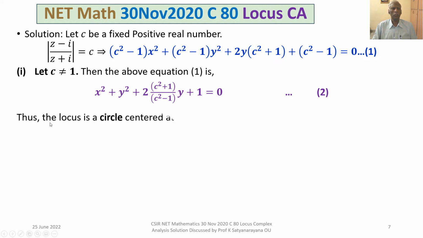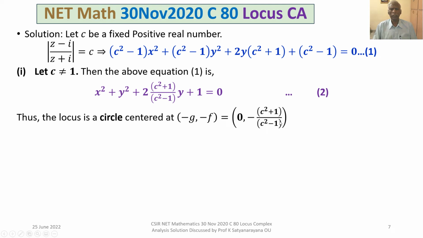Thus, the locus of Z is a circle centered at (minus g, minus f). That is, minus g is minus the coefficient of 2x, and the coefficient of 2x is 0. Minus f is minus the coefficient of 2y, so minus (C square plus 1) by (C square minus 1).